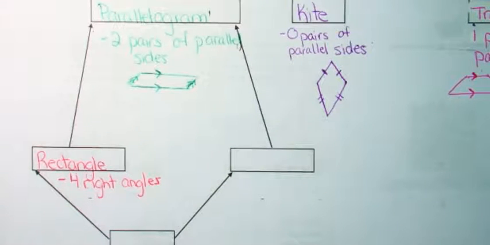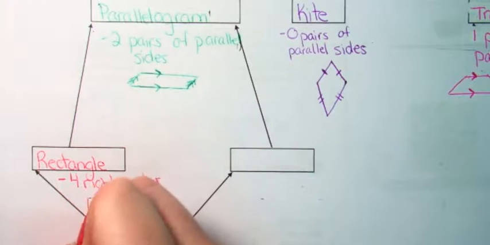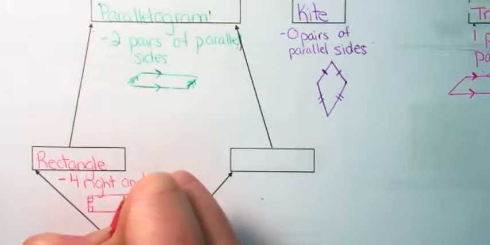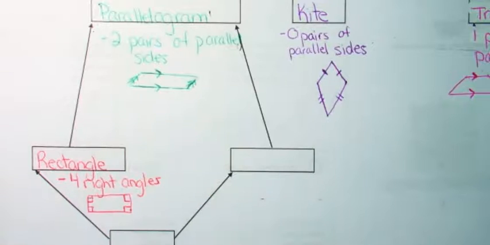It has to. If it doesn't have 4 right angles, it cannot be a rectangle. And I'll draw it, even though I'm pretty sure you guys know what a rectangle looks like. Remember, we put in the corner our little boxes to represent right angles.